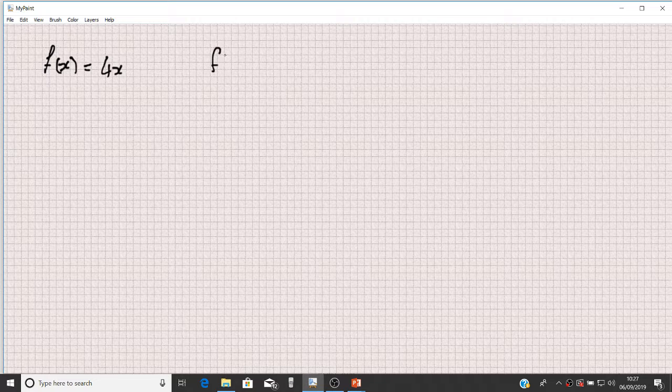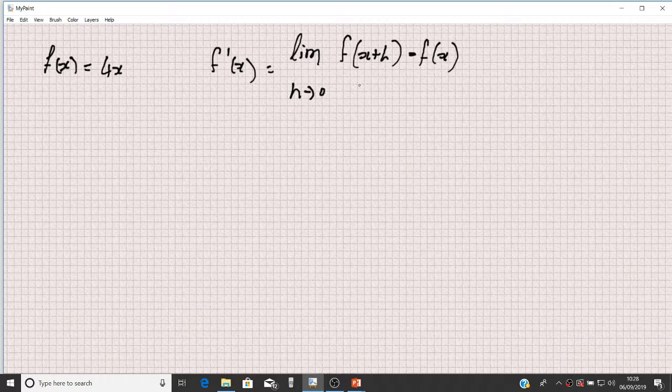So using first principles, the first derivative f dash x we find by finding the limit as h approaches 0 of f of x plus h minus f of x, all divided by h. So we're going to apply that to the function f of x equals 4x.